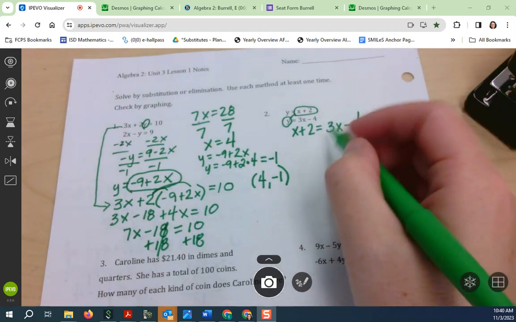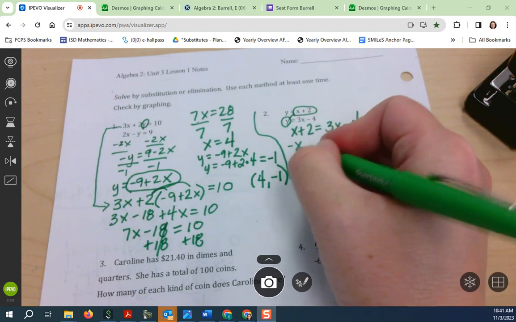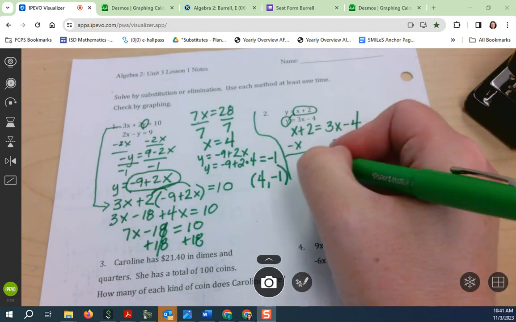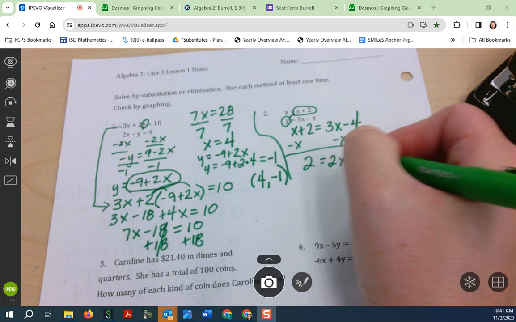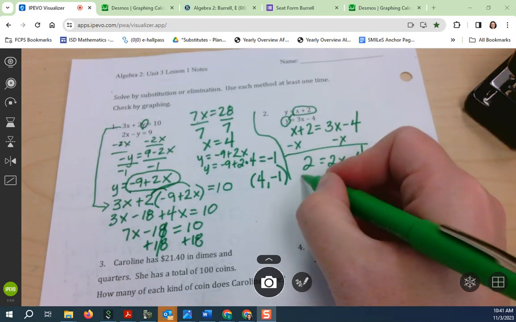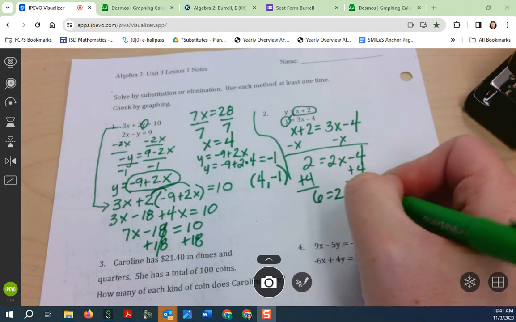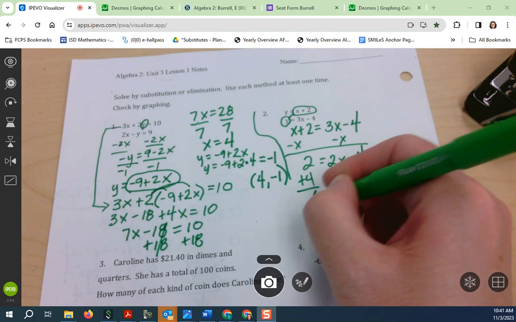And then we just have to solve by getting your x's to one side. So you could subtract x like that. 2 equals 2x minus 4, and then get the x by itself. I'm going to add 4. And then divide by 2.